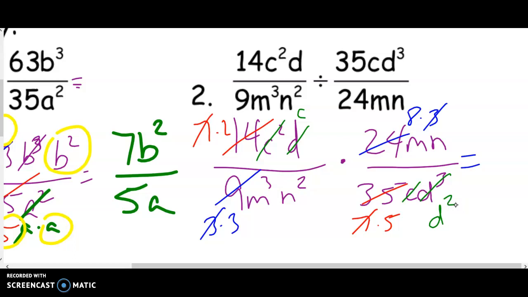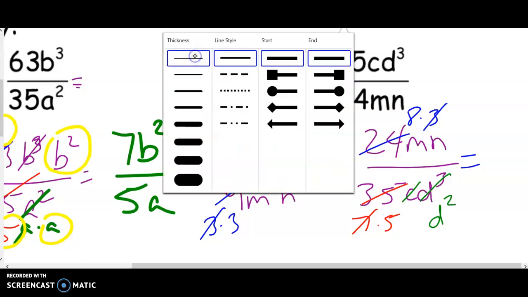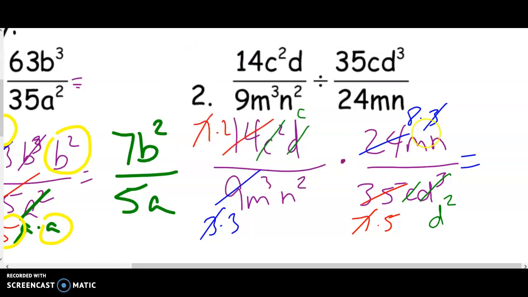All right, let's get to our M and N's. What do we have? This M will cancel with one of these, leaving M squared. This N will cancel with one of these, leaving an N. So what remains? We got a 2, a C, and an 8.